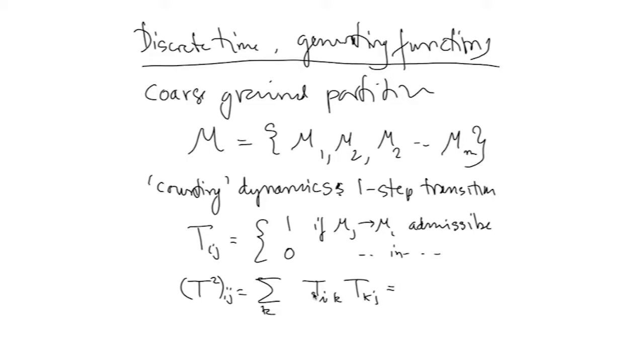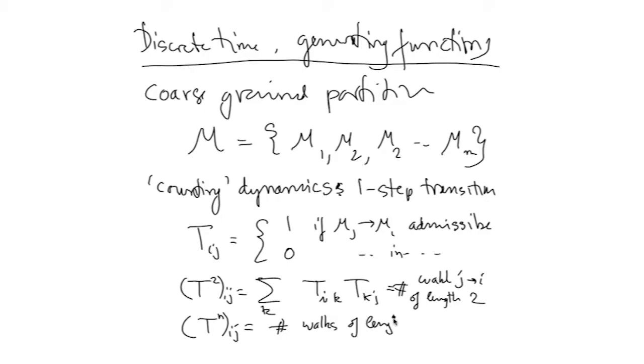So this is the number of walks from J to I of length 2. And similarly, if I apply this operation n times, this is the number of walks of length n.